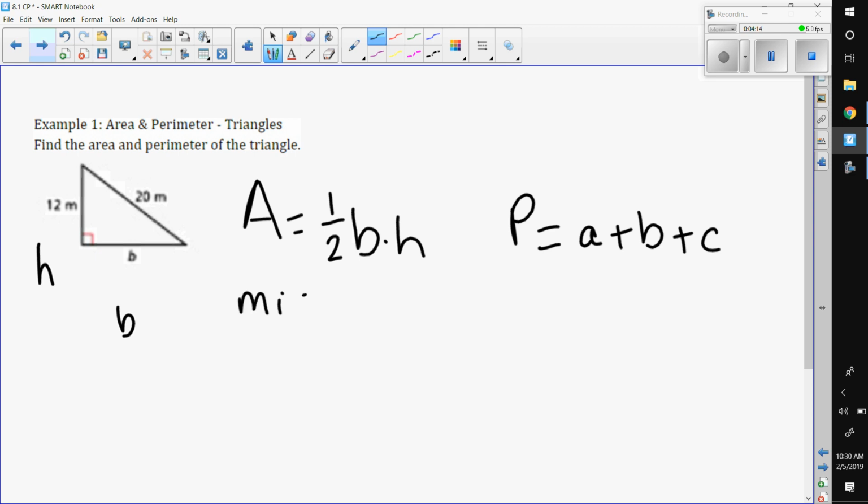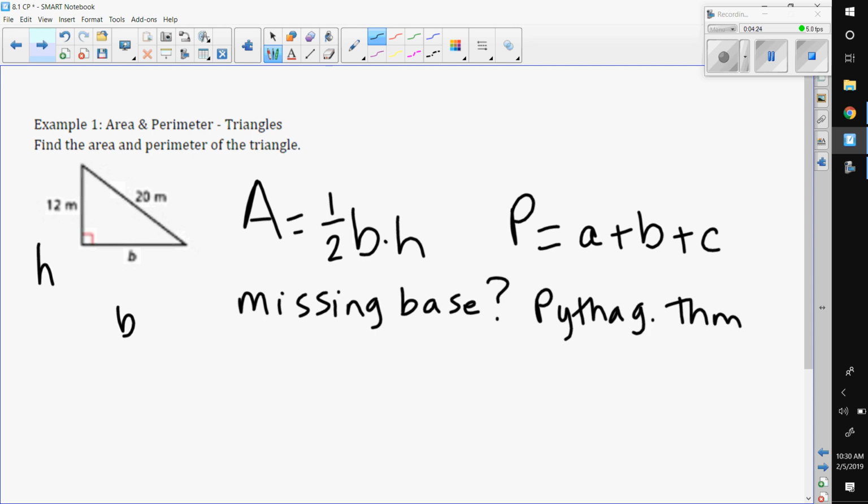So if I'm missing my base, what am I going to do? The answer is that when I have a right triangle, I can use the Pythagorean theorem, which says that a squared plus b squared equals c squared.